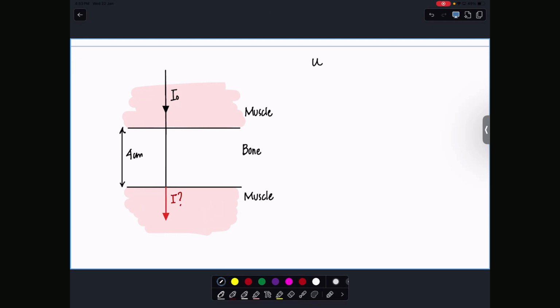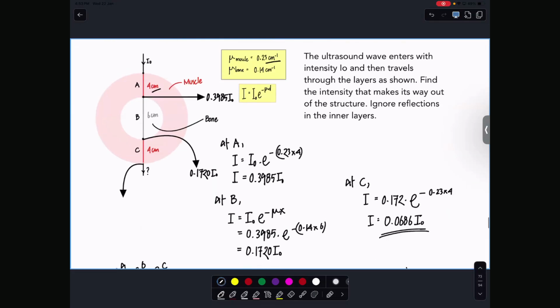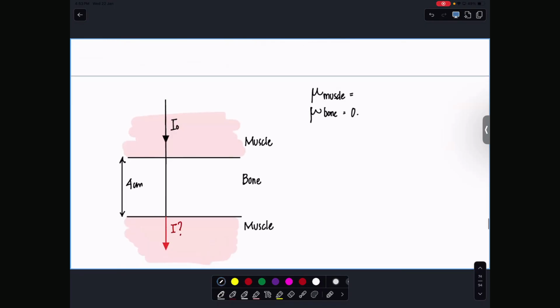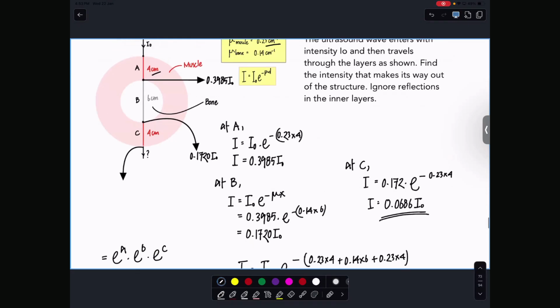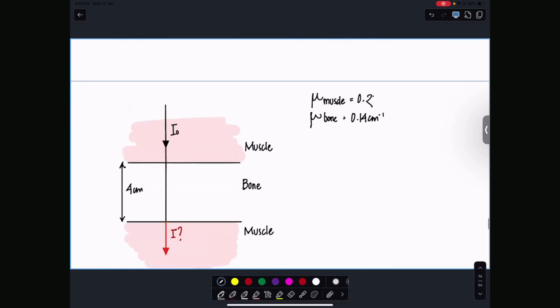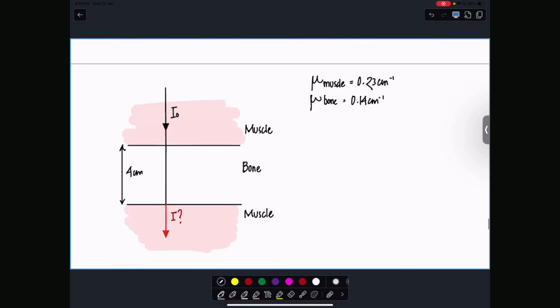And mu for muscle, mu for bone, সব লাগতে পারে নাও লাগতে পারে, is 0.14 per centimeter, 0.23 per centimeter, and Z for muscle and Z for bone.